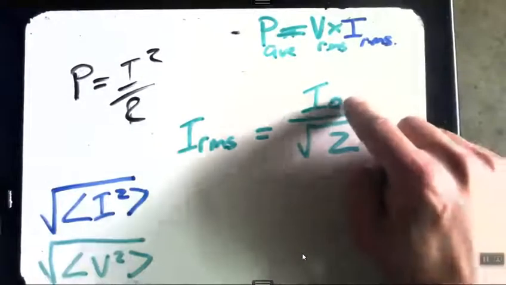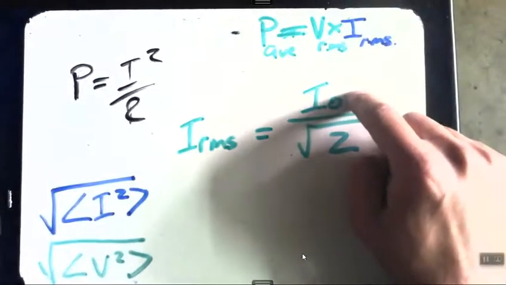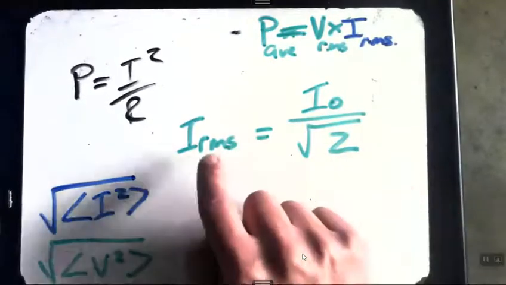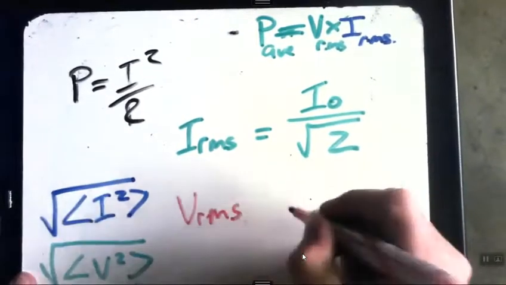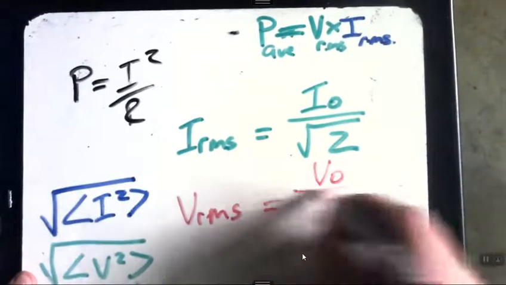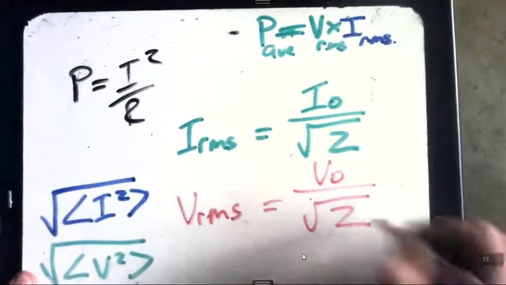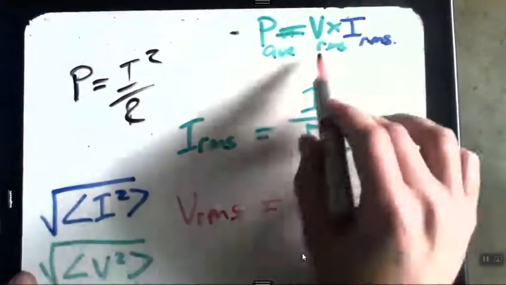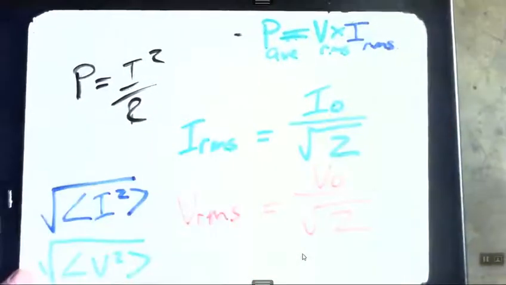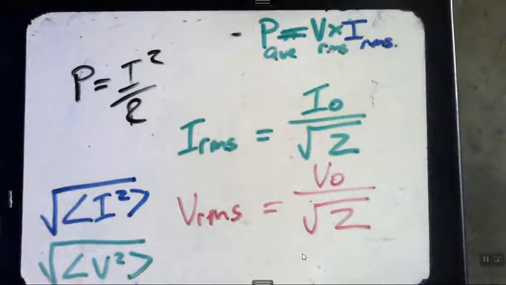So you take your maximum value from your graph, you divide it by the square root of 2, then you get your root mean square current. To get your root mean square voltage, you take your maximum voltage, divide it by the square root of 2, and then you take these two answers and multiply them together to get the average power.